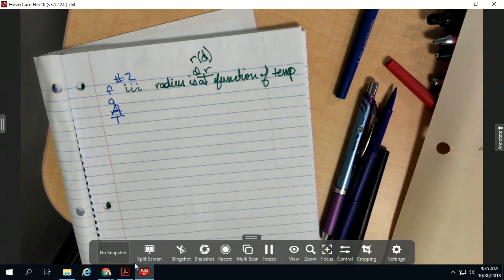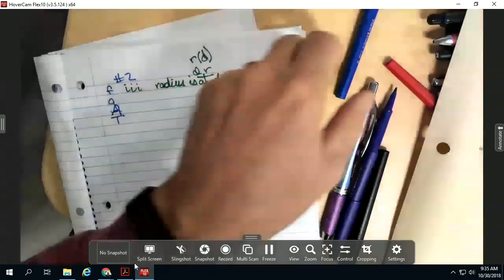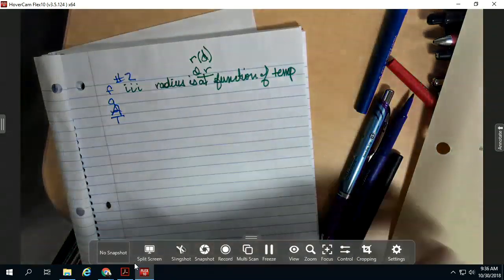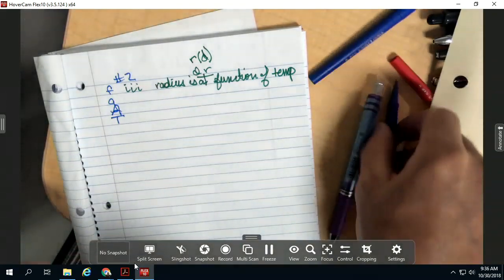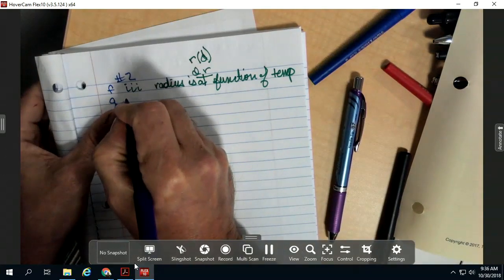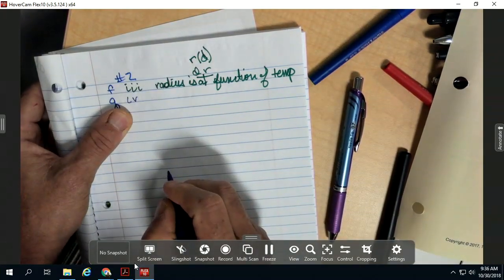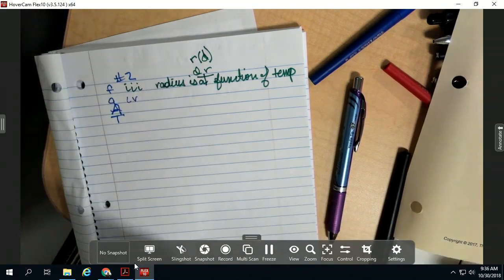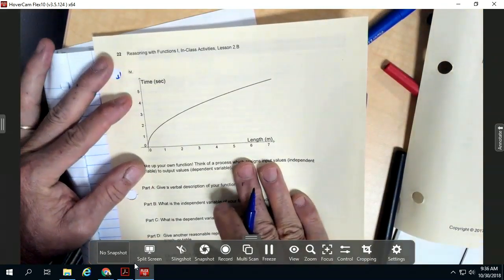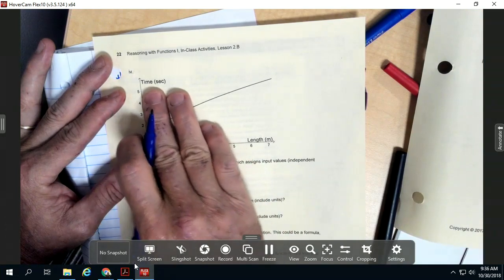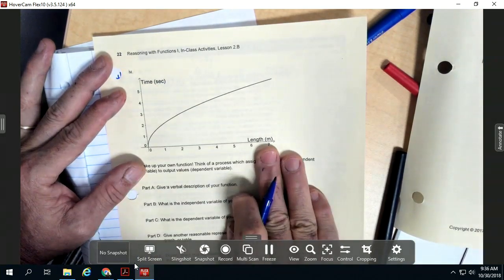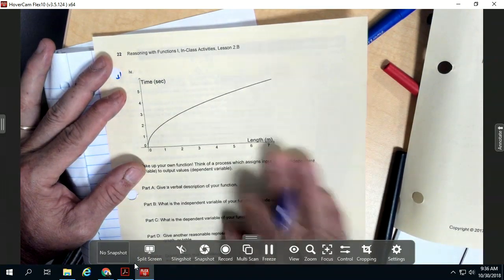Okay, so which one matched letter G? IB, good. And what was missing on that graph? I don't see anything missing because it's got time in seconds, it's got length in meters.